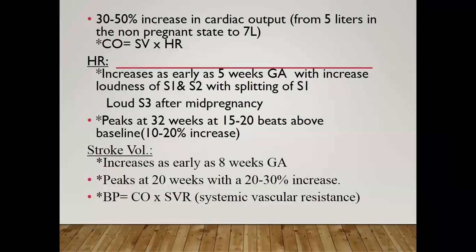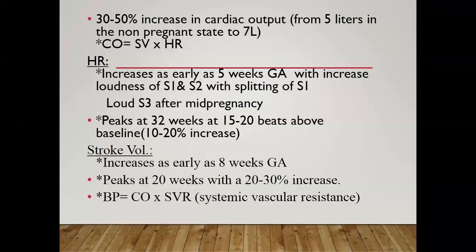The pulse rate peaks at 32 weeks of gestation, 15 to 20 beats above the baseline. The stroke volume is also increased as early as 8 weeks gestation. As we mentioned, it peaks at 20 weeks with a 20 to 30% increase.